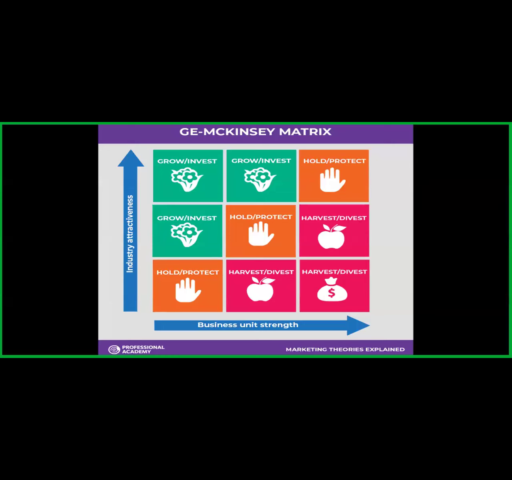And if we are reaping the exact results which we had calculated earlier, then we need to protect those results. This much investment has shown this result; if we increase investment, the results will be more. And the last one is harvest and divest.